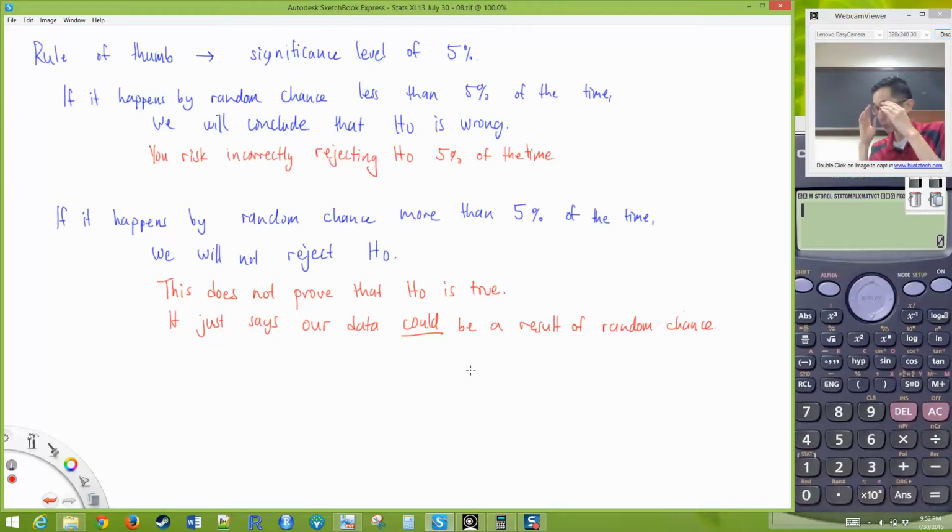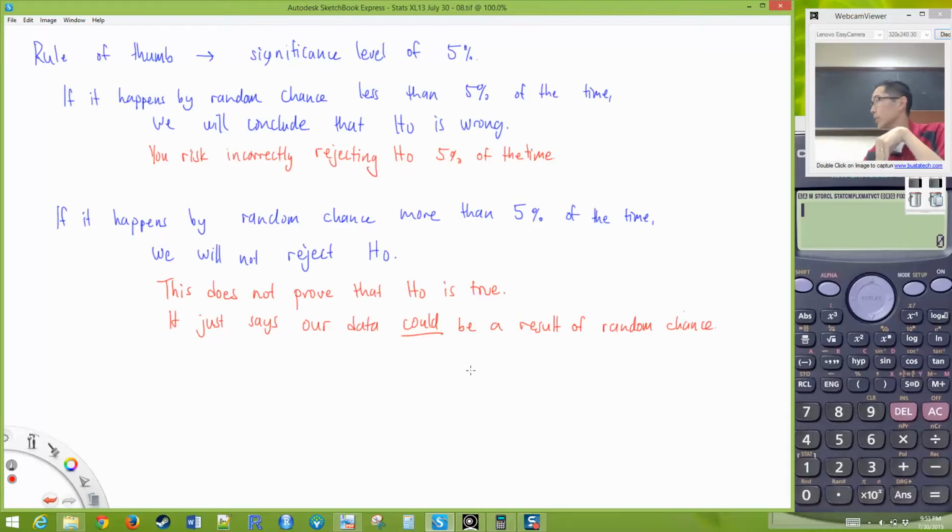We always set up the claim, whatever it is, with an equal sign in the null hypothesis, okay? Because the null hypothesis, we set it up almost in hopes that we can reject it. And so you can reject a specific claim that something equals this exact value.